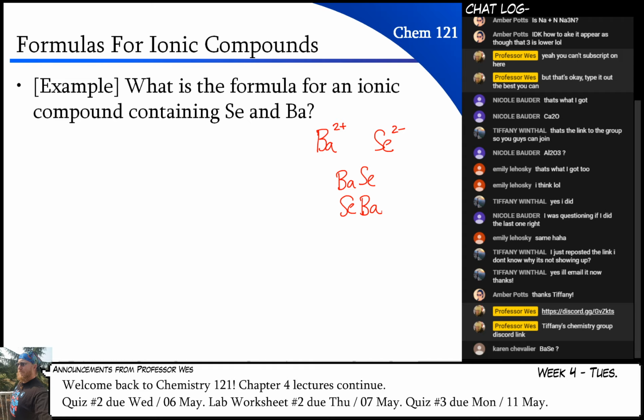Like, how do we do ionic compounds? Which one have we always been putting first so far? It turns out that we've been following a specific pattern, and you might not have realized it. One of these always goes first, and which one is it?